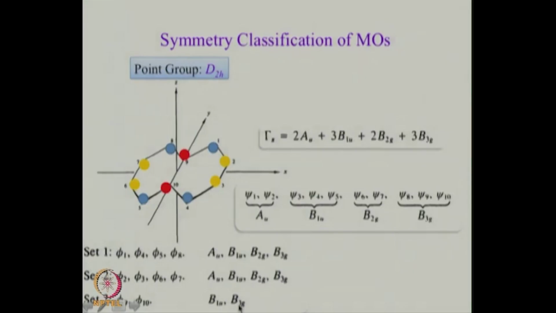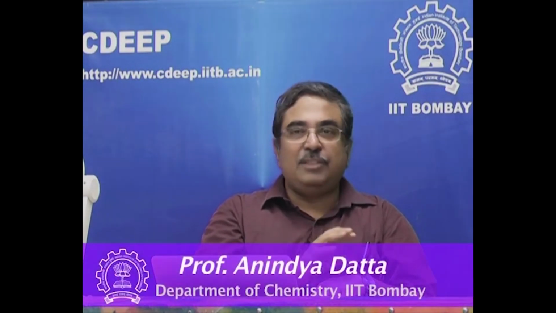Now, what we will do is use projection operators on these phi 1, phi 4, etc., and generate the linear combinations. But let me stop here and ask you a question. What are SALCs? What are symmetry adapted linear combinations? They are linear combinations of atomic orbitals that give you some particular symmetry.